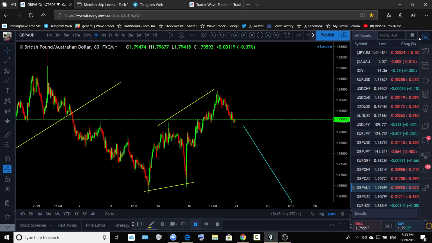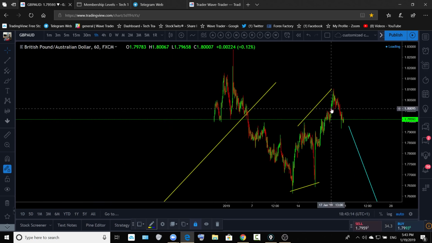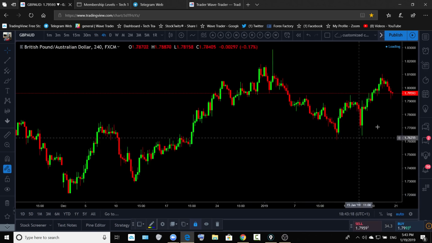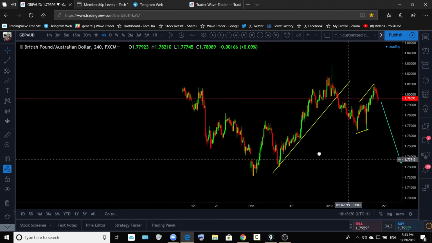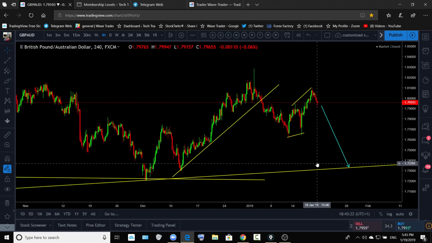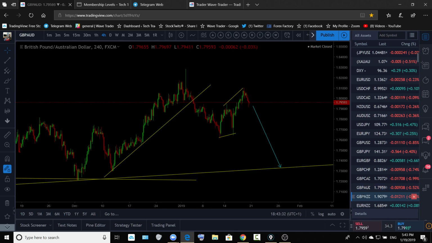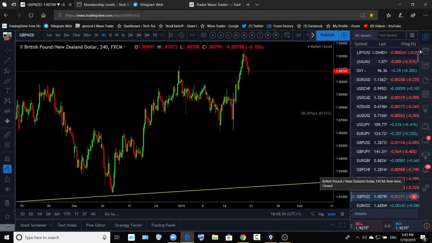All right, and on the pound Australian dollar, we are still neutral for clear direction. But next week just look for this to happen. Correct and look for it to continue to go lower. Similar kind of trade setup on the pound New Zealand dollar.